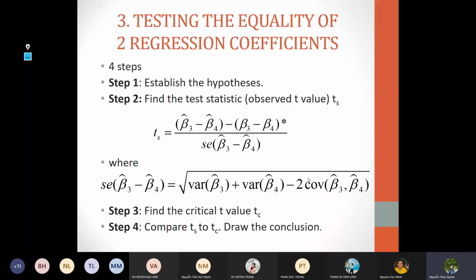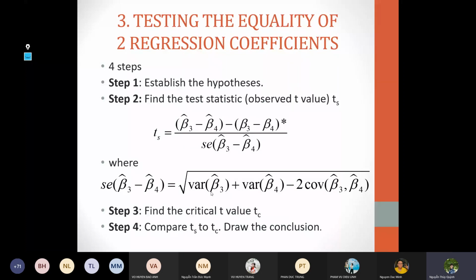In order to calculate this, do you know the variance? How can we get the variance of beta 3 hat? Where do we take it? Where do we get that value?